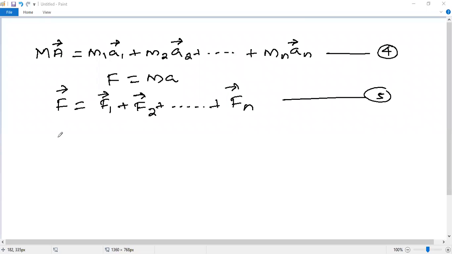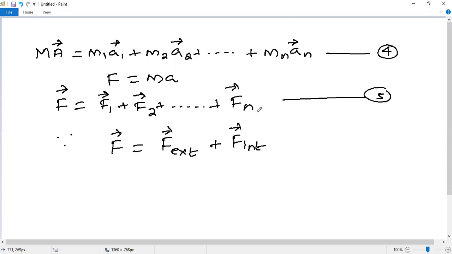And one more thing, the force F vector is equal to the external force (ext means external) plus the internal force (int means internal). Due to the internal force, the particle contributions are cancelled out.